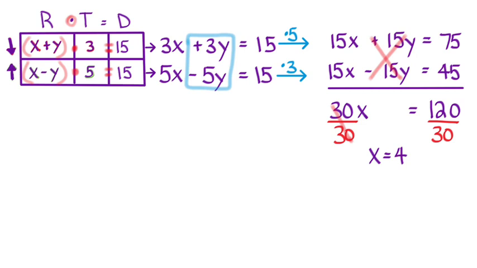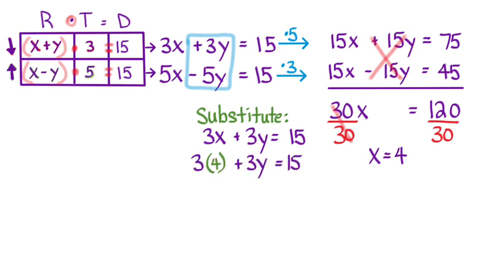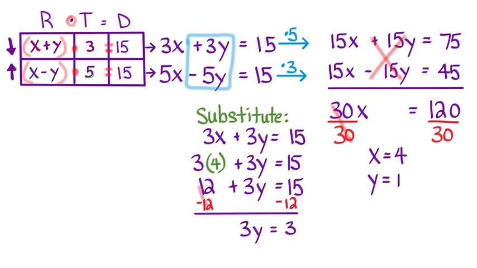So now I know that the rate of Michael was 4 miles an hour, or kilometers an hour. And I substitute the value for x into any of the equations, but I chose to use the easiest one, the top one, to solve for y. When I do this, using my inverse operations, I get that y is 1, which makes sense because if Michael is 4 kilometers per hour, in 4 hours he would have done 16, right?